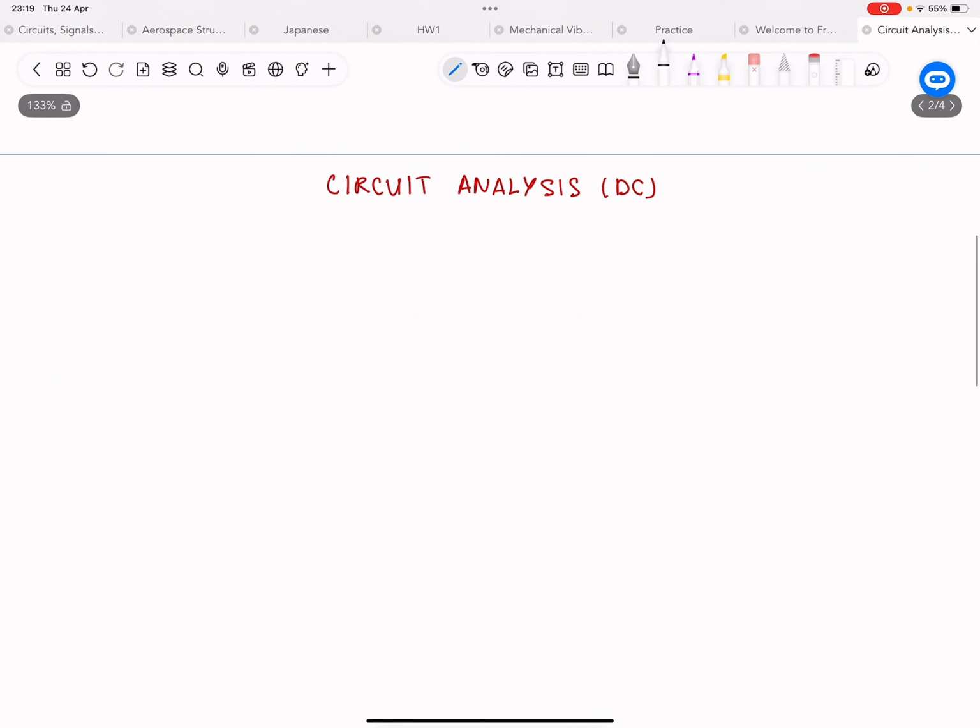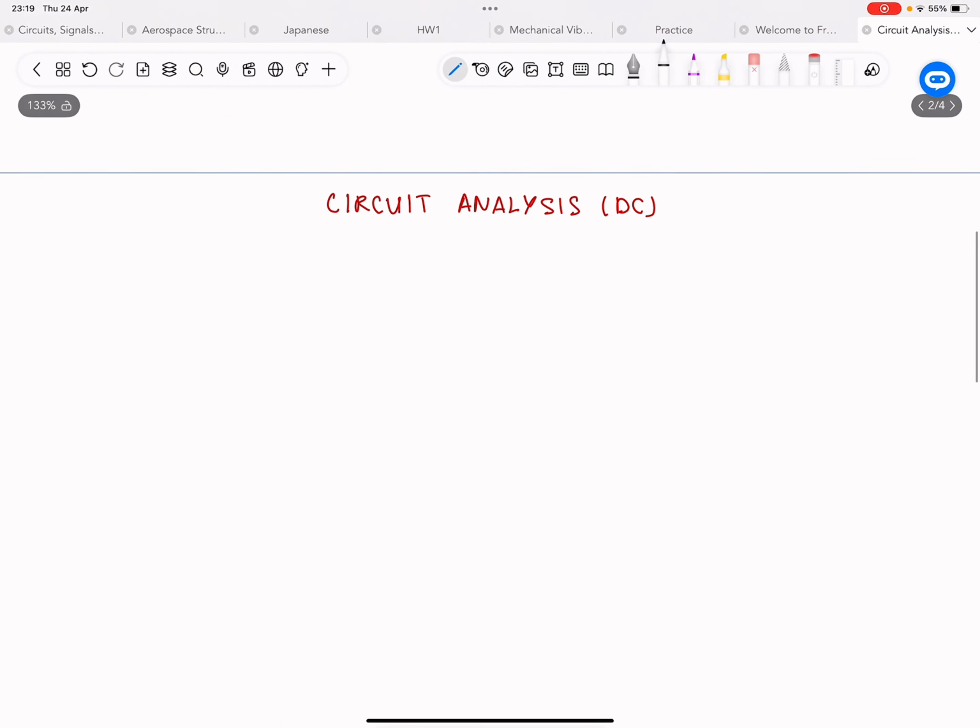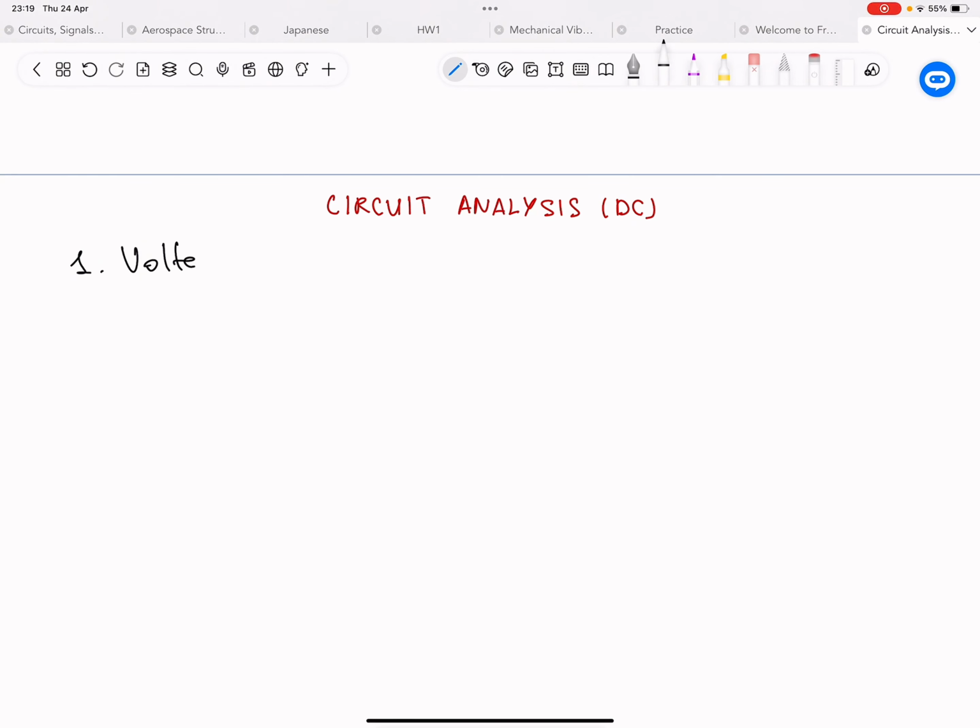A circuit consists of elements, and there are five basic elements that we will talk about in this course. Let me tell you what they are. The first one is a voltage source. The second one is a current source.